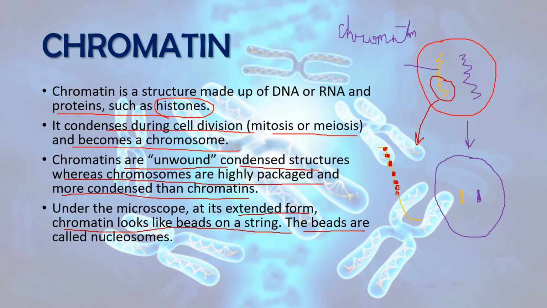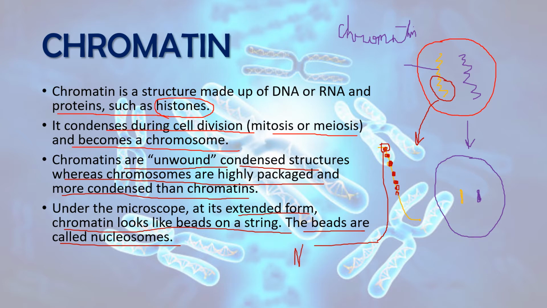The beads are called nucleosomes. So after magnification, you will see the chromatin structure looks like a string in which there are some dots all over the string. So what is this particular dot? This is our nucleosome.